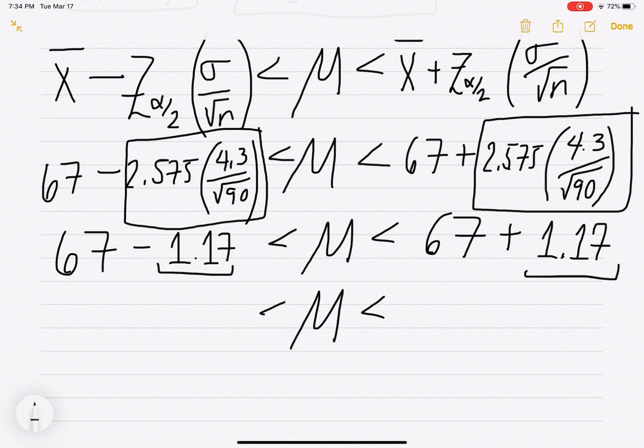Mu is in between. So on the right, we're going to have 67 plus 1.17 is going to be 68.17. And on the left, if we take 67 minus 1.17, that's going to give us 65.83.